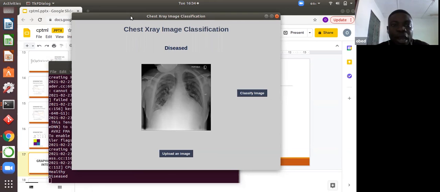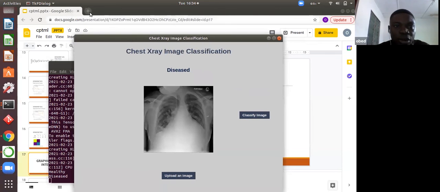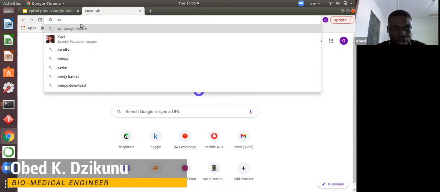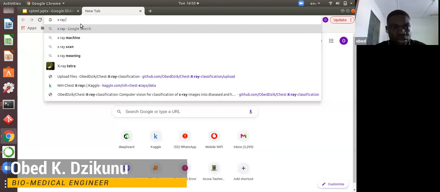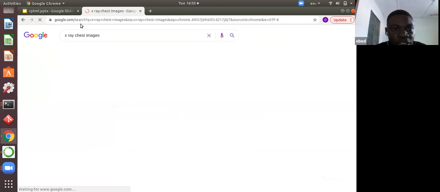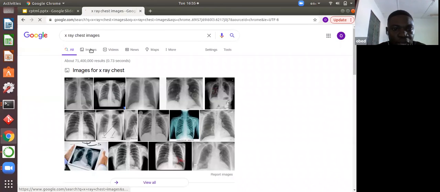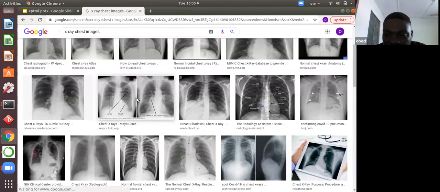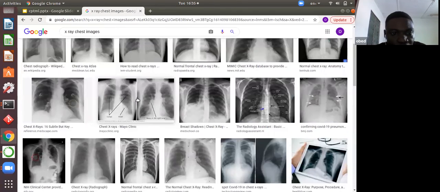So I could just search randomly online now, let's say chest X-ray images, just to see if my model sees something very foreign. Let's see one that is so clear for everyone.